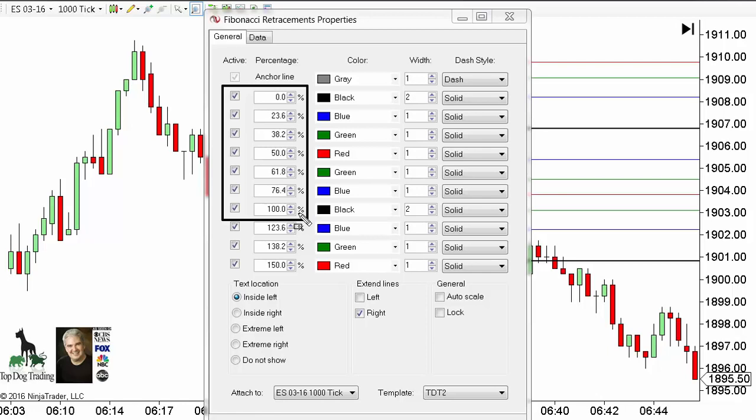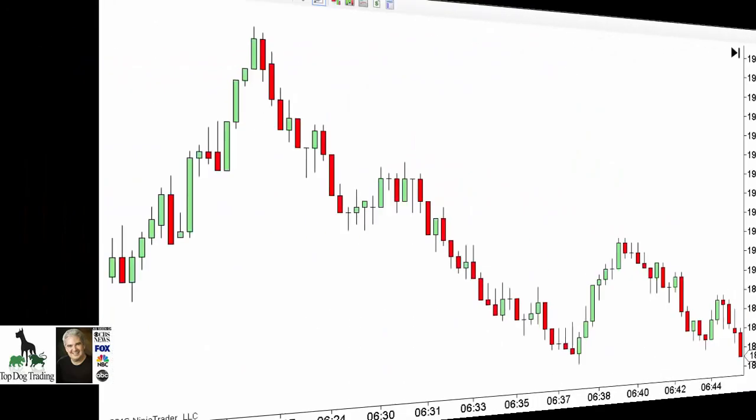So we've got 0%, it doesn't retrace at all, 23.6, 38.2, 50, 61.8, 76.4, and 100. So those are the numbers that we're using. You can write those down if you need to, import them into your own charting platform, and I'll show you what it looks like here in just a moment.